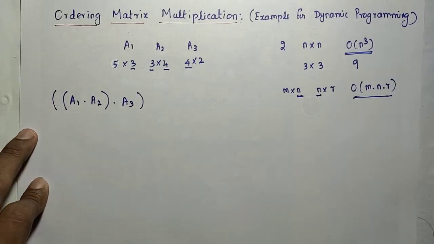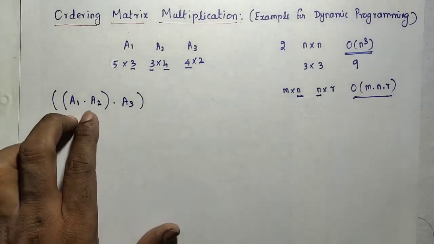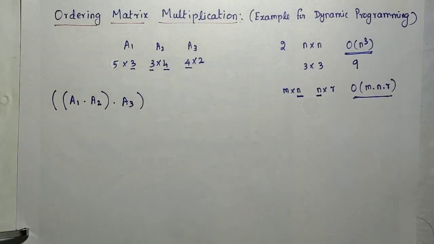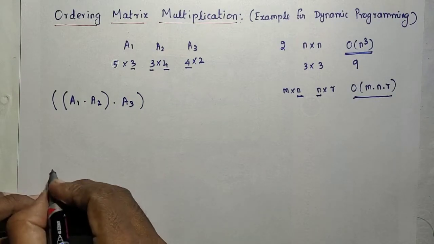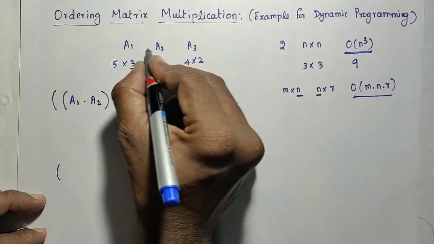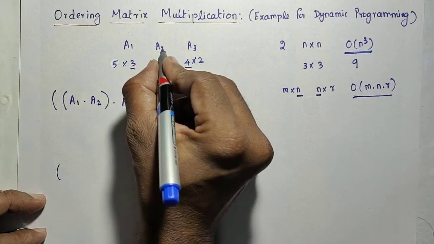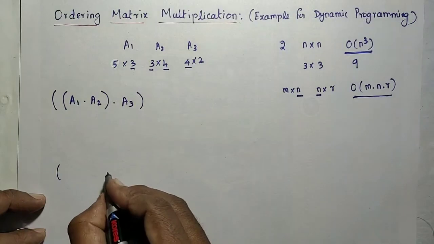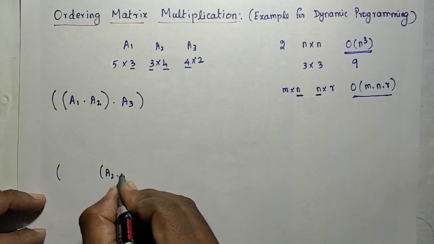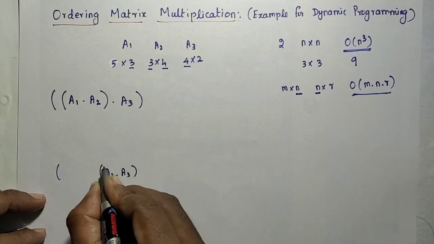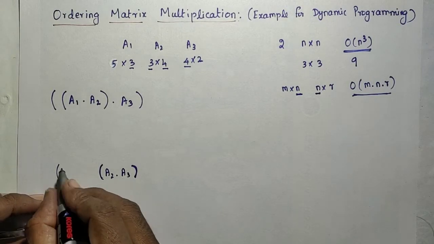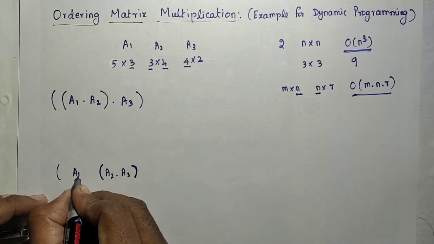That is one option, correct? A1, A2 will be multiplied first, then that result will be multiplied with the third one. Another possibility: instead of doing A1 A2 first, we can do A2 A3 first. A2 into A3 will be done first, then that result is multiplied with A1.